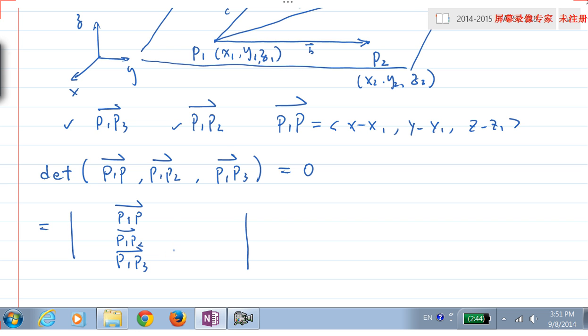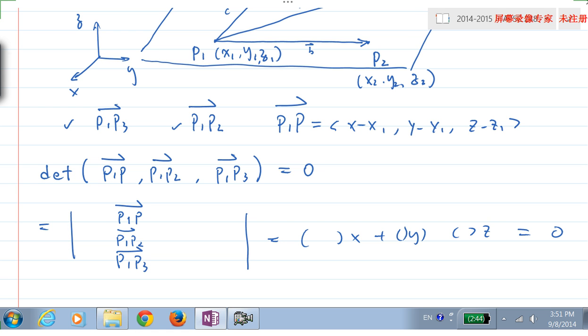And then you calculate this determinant. Calculating a 3x3 determinant, just follow the formula. So imagine what's going to come out. First row, there's the variables x, y, z. Second row constant. Third row constant. So in the end, what you're going to obtain is something x, something y, and something z, and in the end equal to 0.